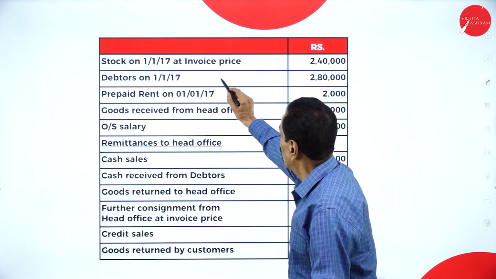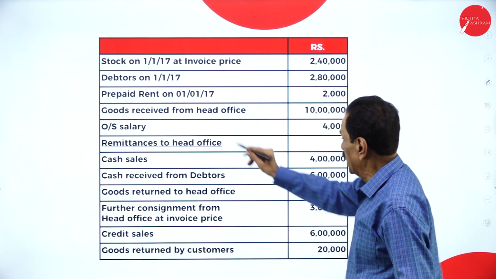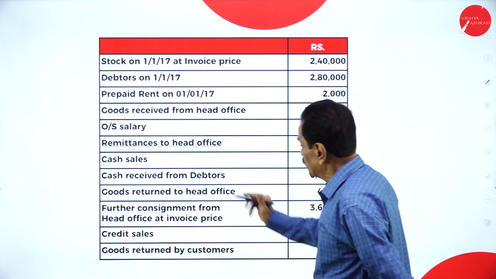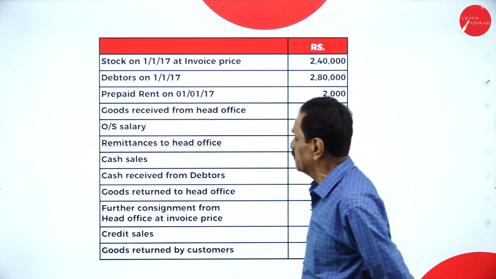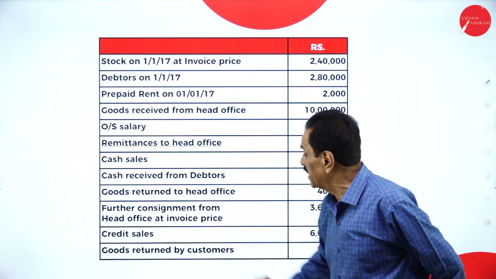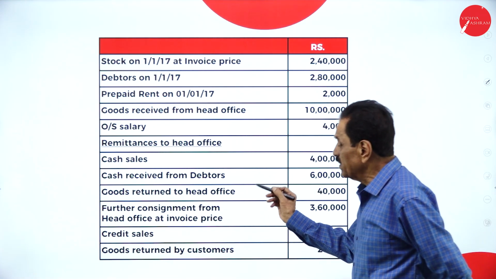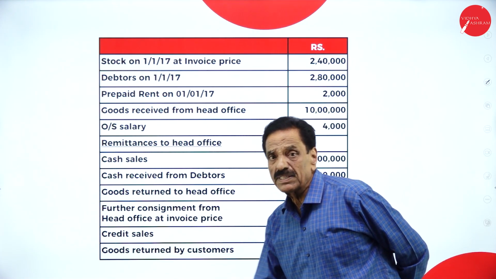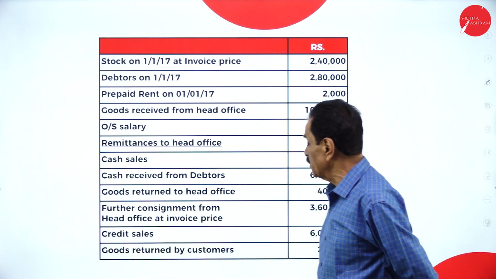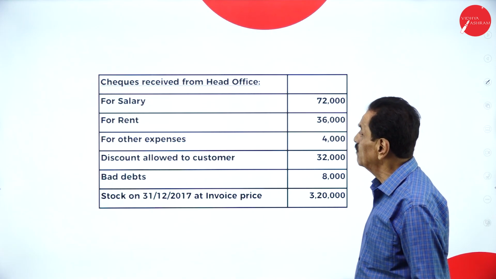See that stock at invoice price, debtors, prepaid rent, goods received from head office at invoice price. Outstanding salary will come on the credit side; remitted cash sale and cash received from debtor will come on the credit side; goods returned to head office will come on the credit side; further consignment will come on the debit side. Credit sale will come in the debtor account. Goods returned by customer, meaning sales return, will affect the debtor account.